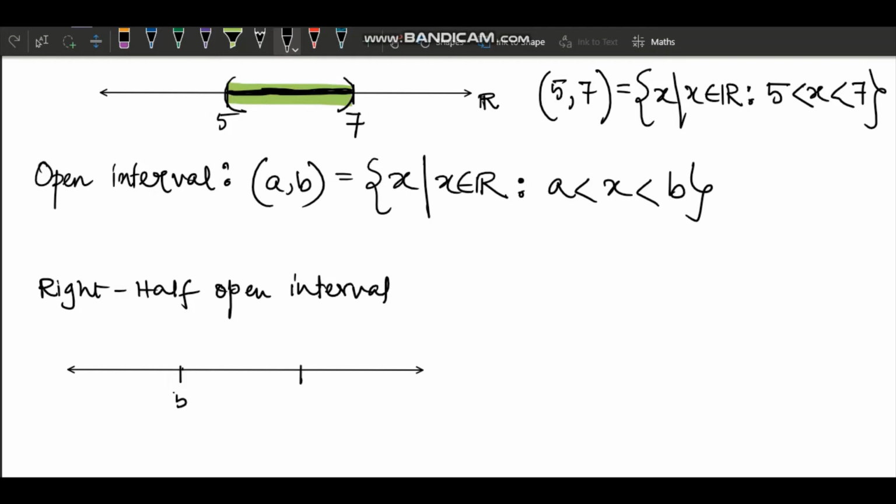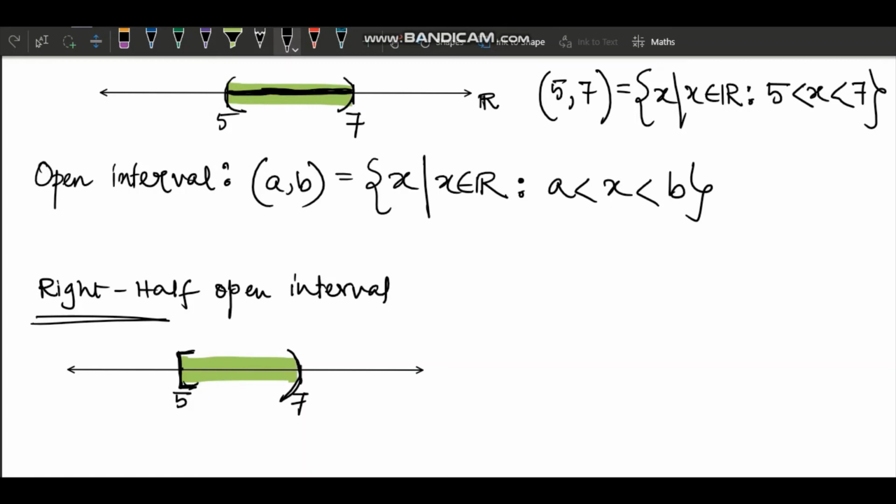So if this is the position of 5 and this is the position of 7, and according to this the right half is open, so the door next to 7 is open, but this side is closed, that is, the door next to 5 is closed. So it will consist of all the numbers in between 5 and 7, and obviously 5 will be included but 7 will not be included.